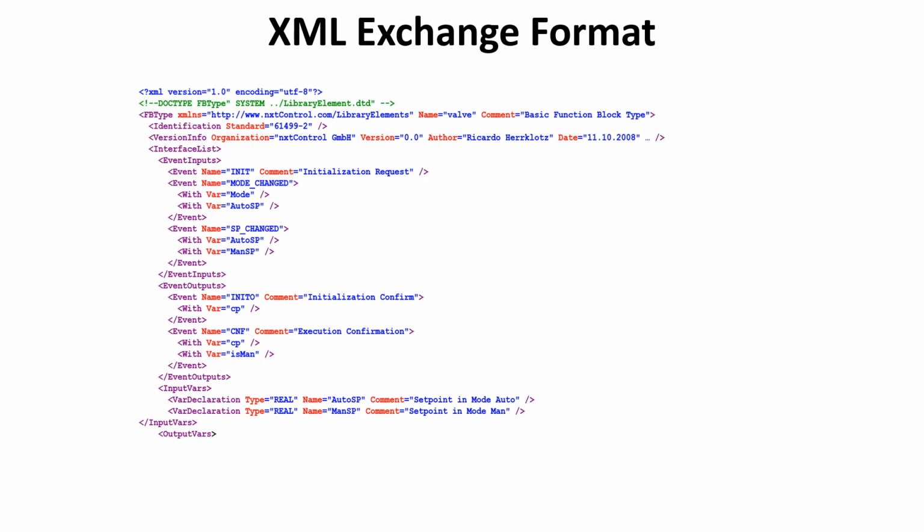So here is a snapshot of just a function block interface that includes several event inputs, association with the data, and then event outputs of the function block and variable declaration, and so on and so forth.